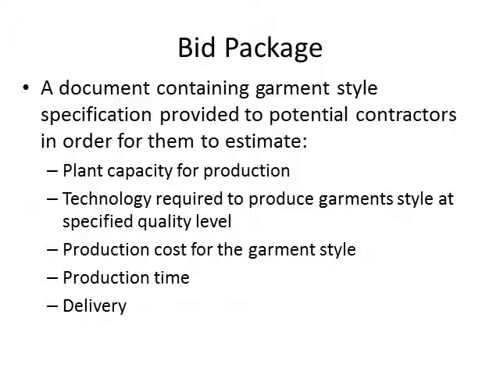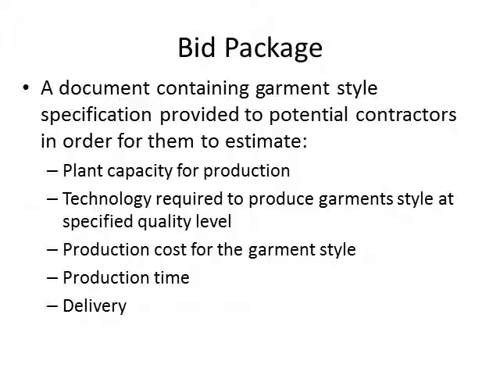A bid package is also part of the costing process, and it's a document that contains the garment style specification provided to several potential contractors in order for them to get an estimate. So a bid package will be sent out to a bunch of contractors, and the contractors will check their plant capacity for production, see if they have the technology required to produce the garment style at the quality level specified.